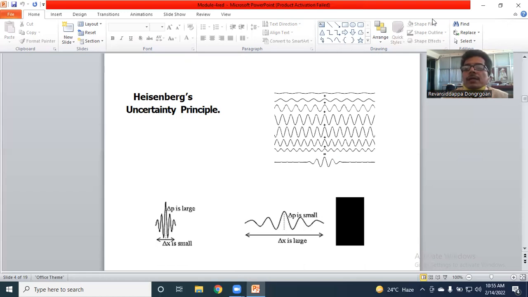So for example, I will take this pencil. See, this is the wave packet.